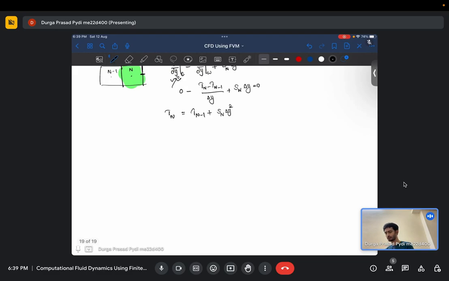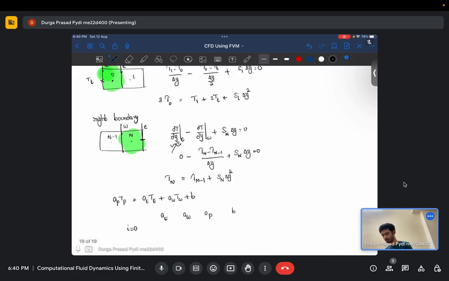If you compare with the general equation, AP TP equals A East T East plus A West T West plus some B. So we have A East, A West, AP and B. For I equal to 0, that is this equation, we have a coefficient of AP as 3.